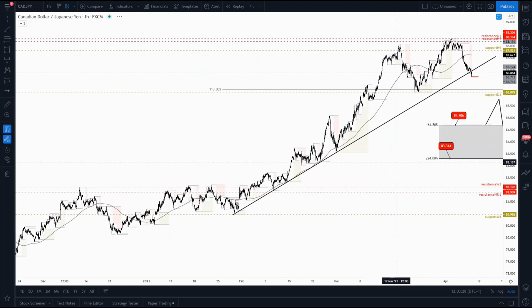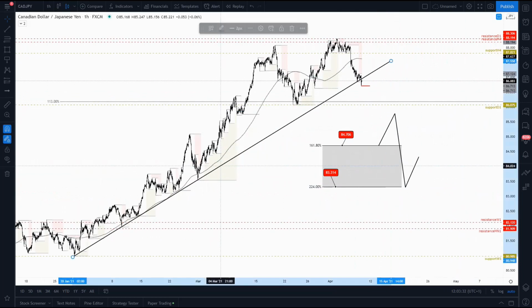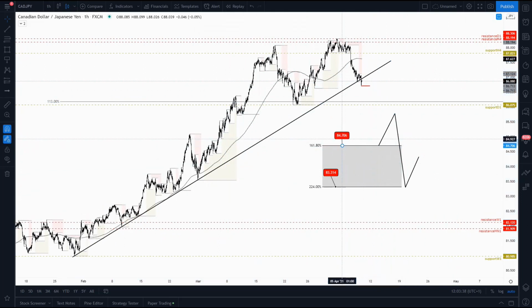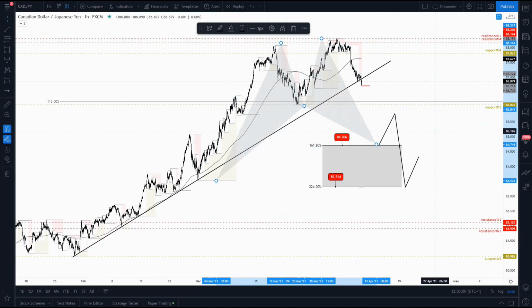On the other side, as I said yesterday, a violation of this structure may suggest more downside momentum, and if the price decides to approach those levels that I shared yesterday, 84.70 and 83.31, we may see the formation of the bullish shark pattern also. So that may also offer some pressure at those levels.